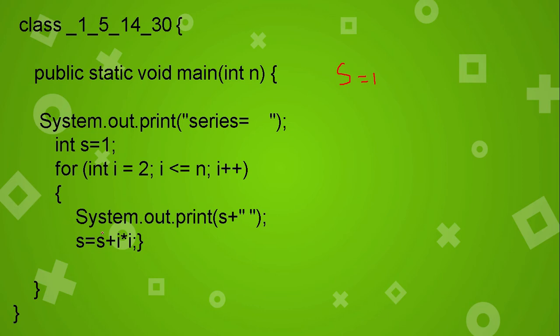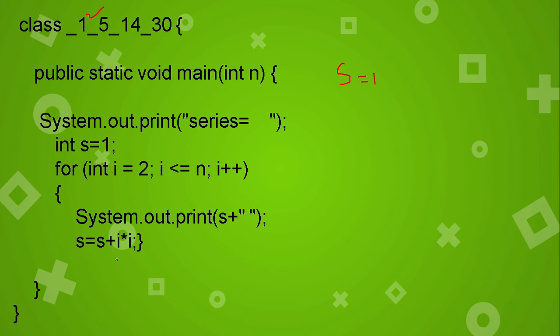Look at here. At present, what is the value of S? The value of S is 1. Okay. System.out.print S means what will be printed? 1 will be printed. Now look at here. This is very crucial. S is equal to S plus I into I. In the previous program, same logic was applied, but there the starting value of I was 1.